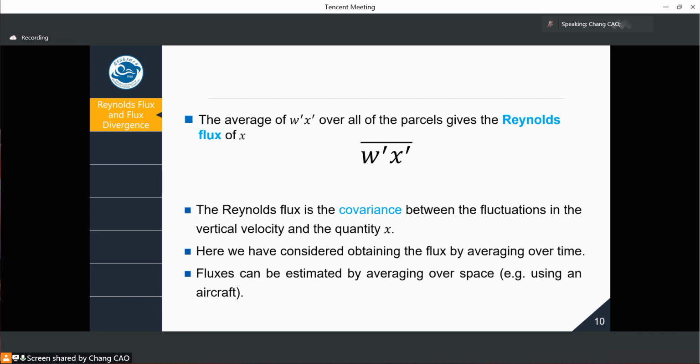Okay, so can you understand this? Do you have any question about Reynolds flux? If you do not have a question, you can also type in the chat room so that I will know your feedback. Is that okay for you?